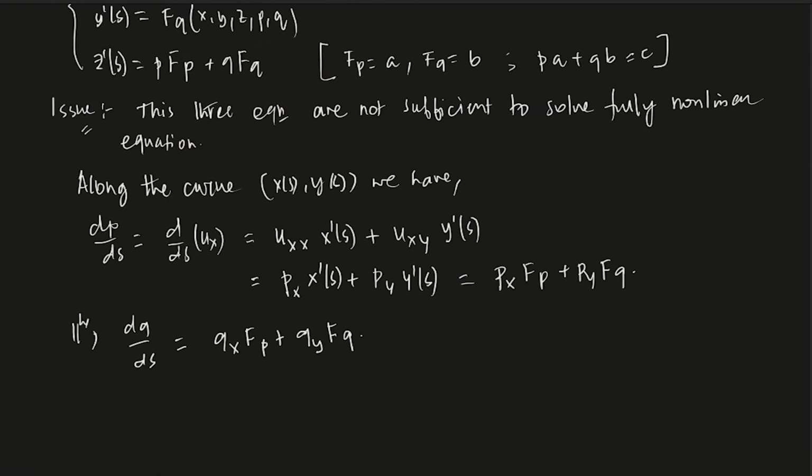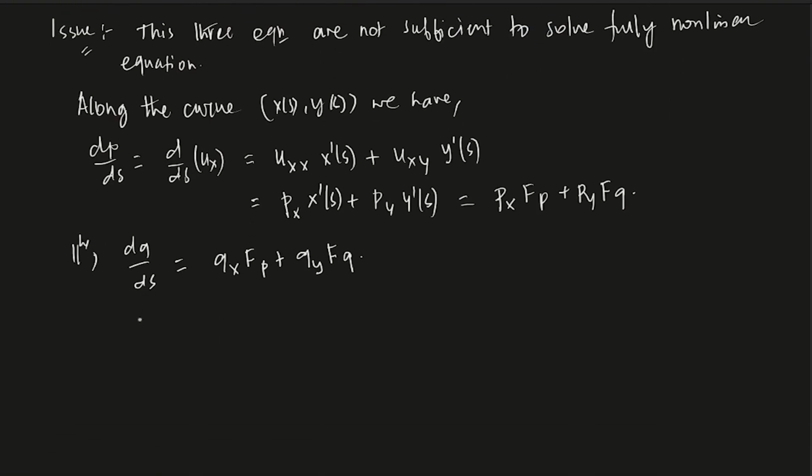If I differentiate f with respect to x, we want to replace px, py, qx, qy. Fp and fq are fine, I know what f is, so I can take the derivative with respect to p and q and put it here. I just want to find what px, py, qx, qy are, and for that I am again going to use f.